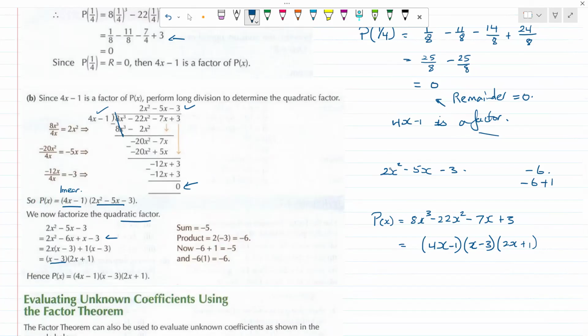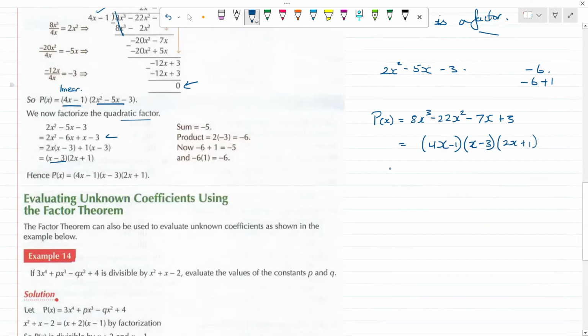Got the quadratic factor, and then factorized that in order to get the product of the other two factors. So now we know that these are all the factors of our polynomial 8x cubed minus 22x squared minus 7x plus 3, right? So to write it in its fully factored form, this is what we'll be looking at. Everybody okay with that?